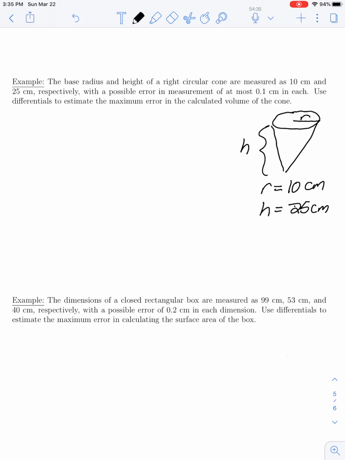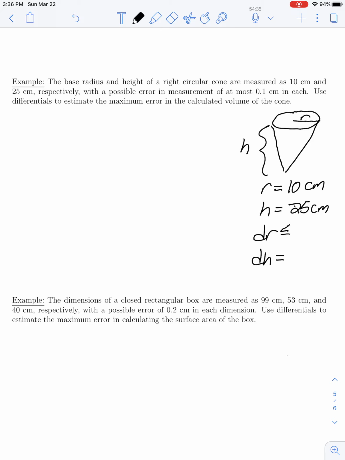And these small errors or small changes in the values of r or h, we could think of as differentials, small changes in r, the radius of our cone, or h. So we could consider the differential of r or the differential of h, and we were told that these are at most 0.1 centimeters.